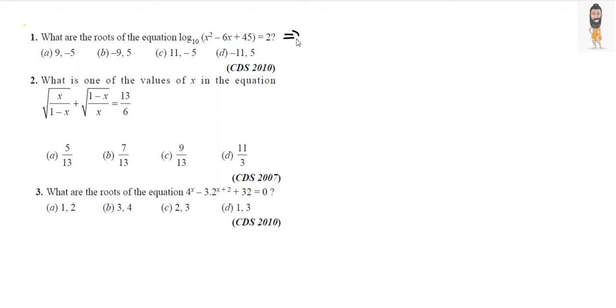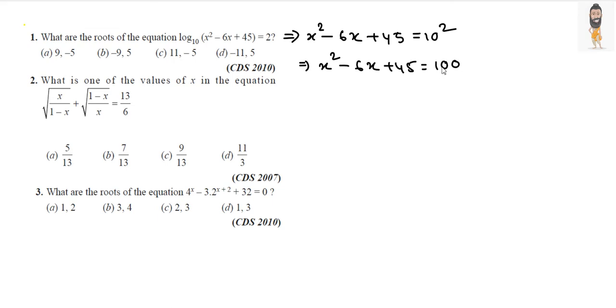So we can write it this way: x squared minus 6x plus 45 equals 10 squared. I will teach you how when I teach the log functions, then you can understand it. So x squared minus 6x plus 45 equals 100, and we get x squared minus 6x minus 55 equals 0.